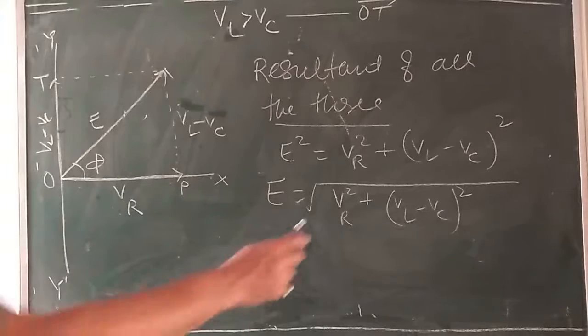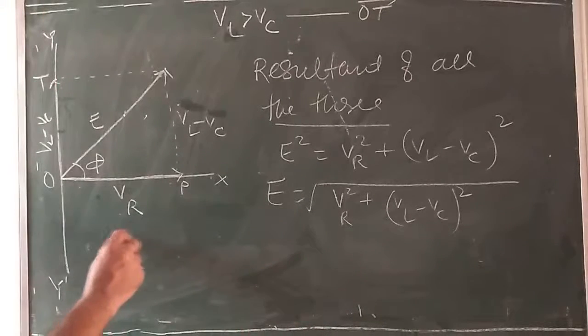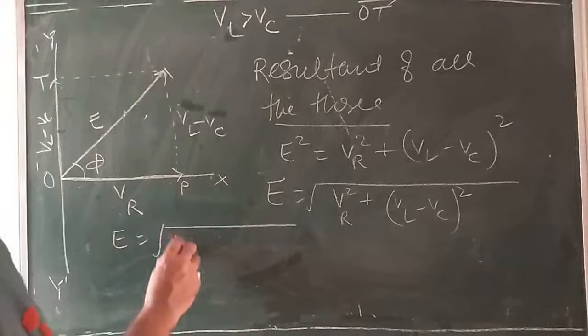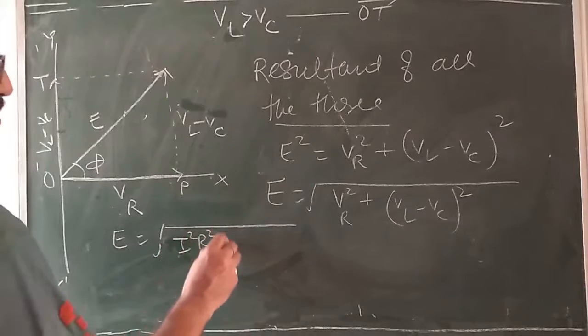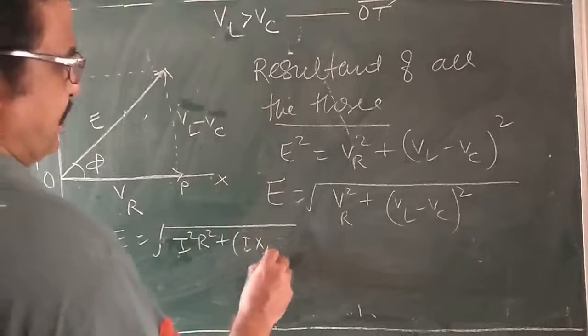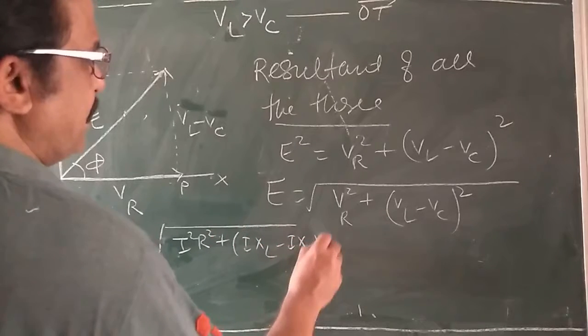Now put the values of VR, VL and VC. E comes out to be, in place of VR square, write I square R square plus (I times XL minus I times XC) whole square.